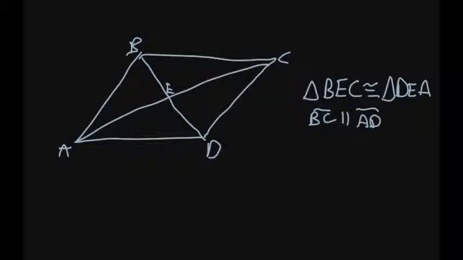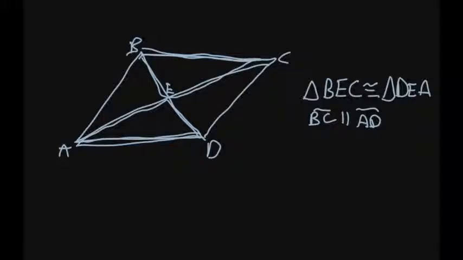Alright, so we've got a quadrilateral here, ABCD, and we're given that triangle BEC is congruent to triangle DEA. So this top triangle there is congruent to the bottom triangle here. And then we know that BC and AD are parallel.